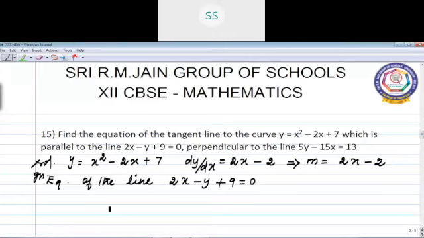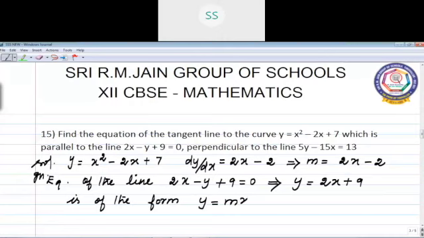That I am going to modify in terms of y is equal to mx plus c. That is the form, right? y is equal to mx plus c. I am going to modify. Now you see y is equal to 2x plus 9, right? It is of the form y is equal to mx plus c.